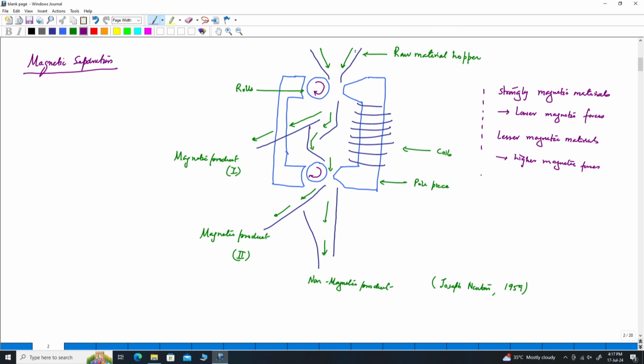And of course this could mean that we will be using high intensity magnets or electromagnets.